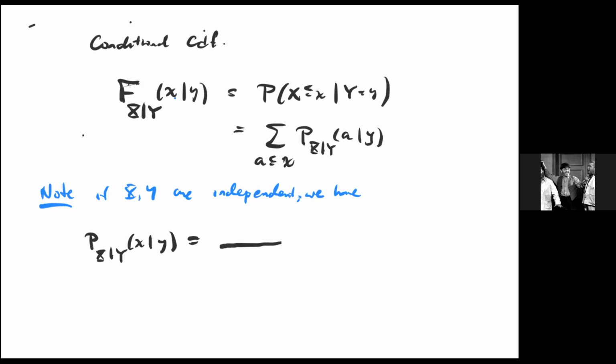So remember, the numerator was the joint PMF of X and Y. And if X and Y are independent, then the numerator breaks up as this product, remember?